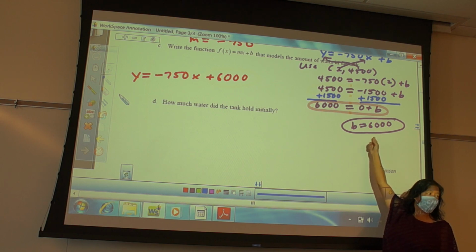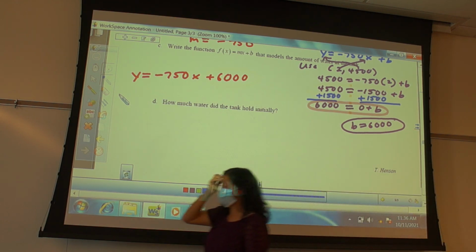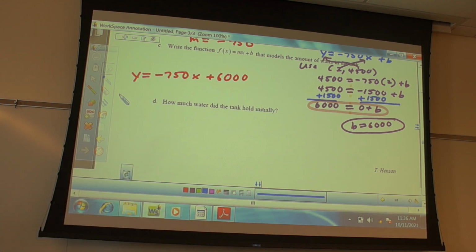Remember, b is my initial amount. Should we review that? Y is my initial amount, also known as my y-intercept. Yep, my y-intercept.